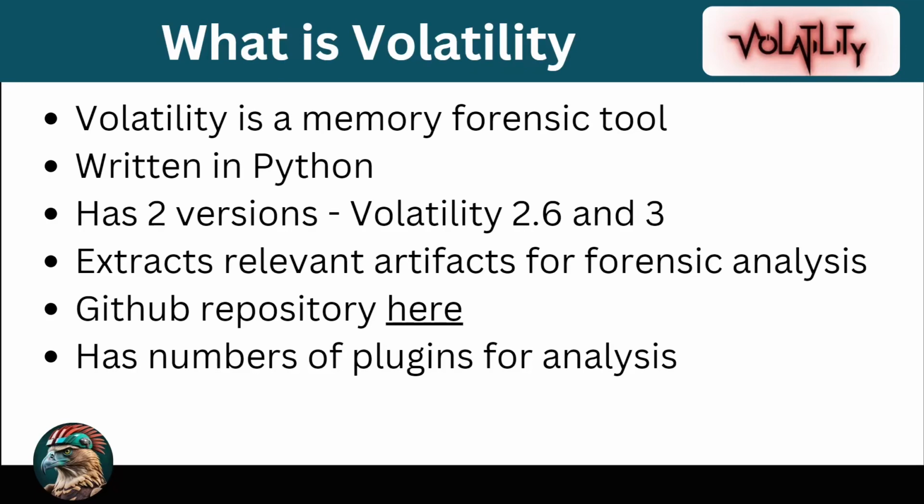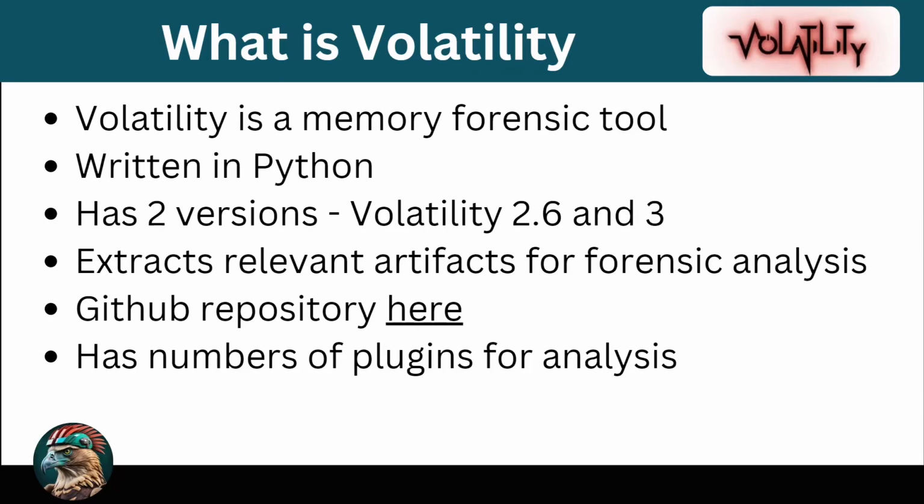It is written in Python and has two versions, Volatility 2.6 and version 3. For our exercises, we will cover the majority of the Volatility commands using version 2.6, but we will have a session on version 3 as well. It extracts relevant artifacts for forensic analysis.